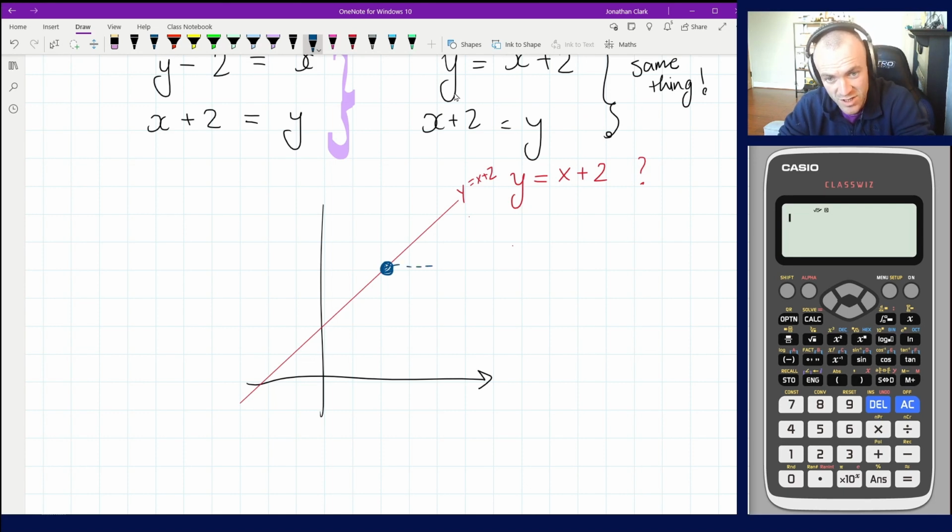You moved it to the right 2, then you moved it down 2, and then you reflected it in the line y equals x. Then it would end up right back where it started. And that goes for any single coordinate that is on this line, y equals x plus 2.